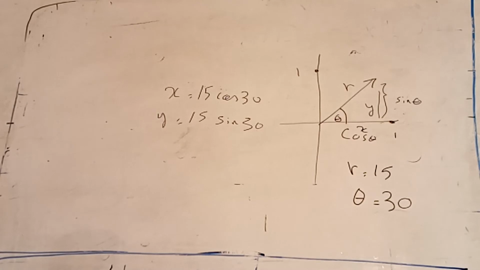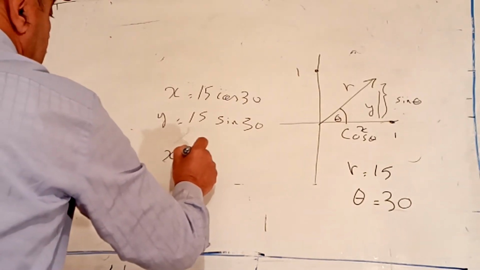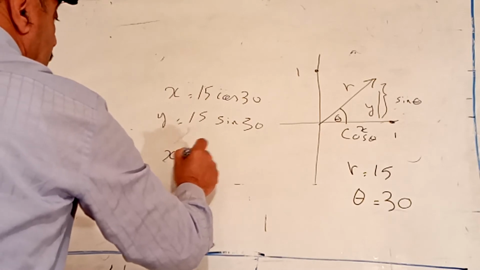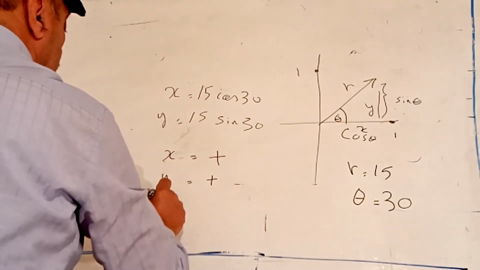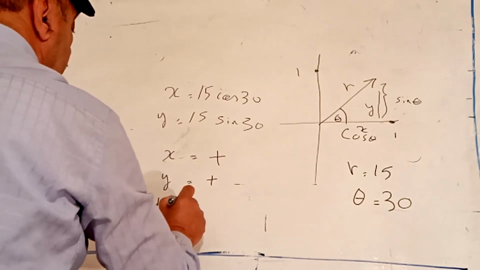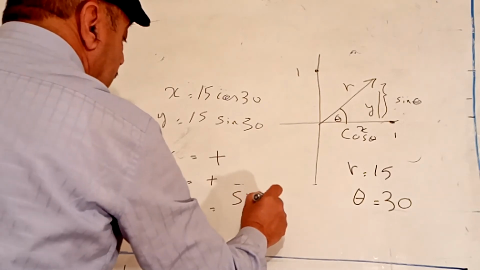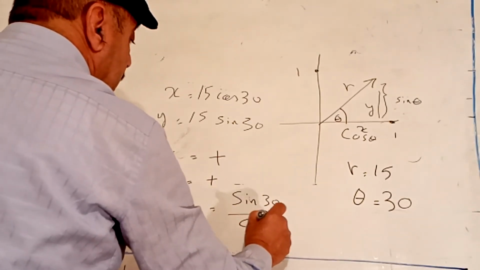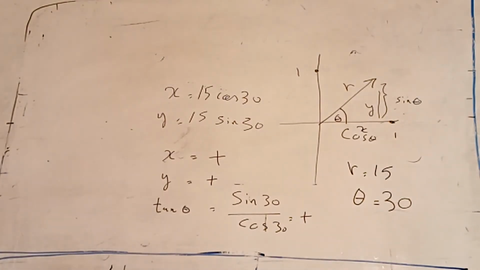And you can determine what's x, but x will be a positive value, and y equal a positive value, and tan theta, which is sine 30 divided by cosine 30, is equal to positive. Check the values with your calculator and you can tell what's x, y, and tangent theta.